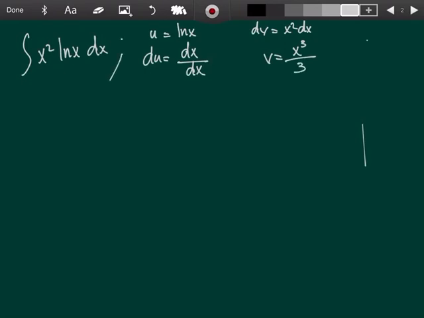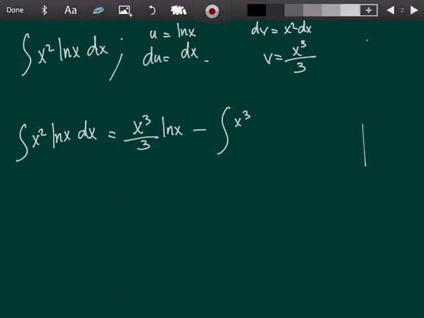Okay? So, the integral of x squared ln x dx is equal to uv. Ano yun, class? ln x times x cubed over 3. So, we have x cubed over 3 ln x minus v. Mali pala yung sinulat ko dito. Wait lang.